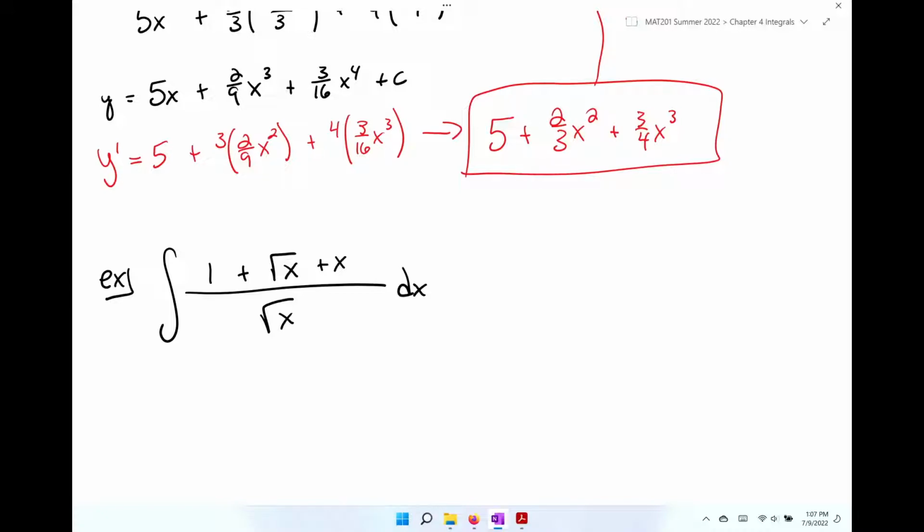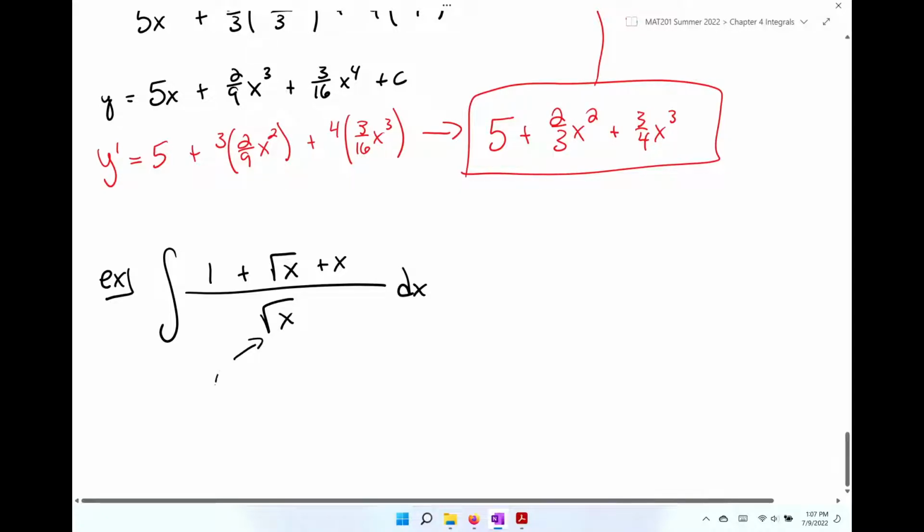But here, because we have just one term in the denominator, just separate it. So we're going to get the integral of 1 over the square root of x plus 1 plus x over the square root of x dx.